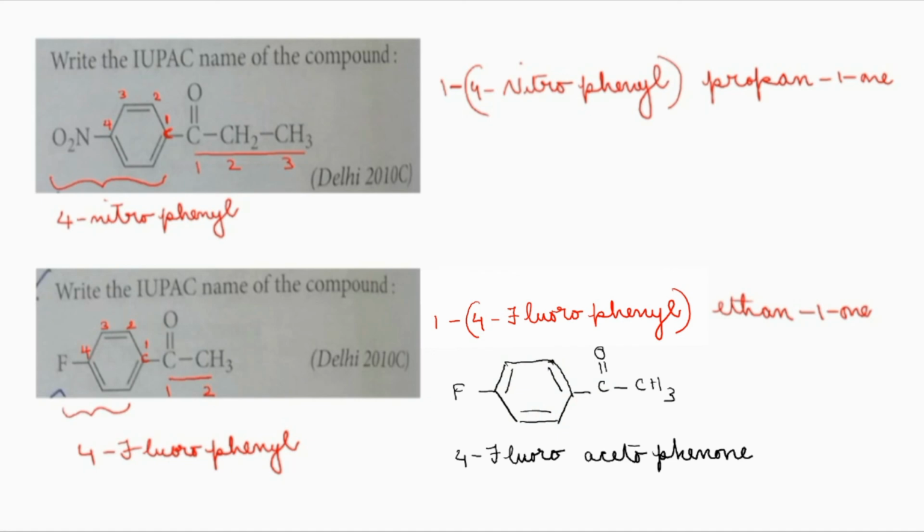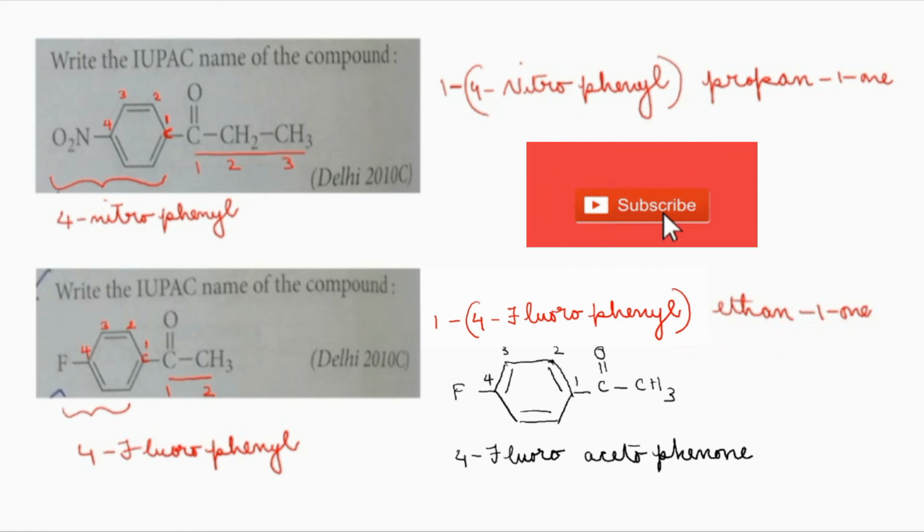IUPAC has accepted those common names also. So that's the reason you can find the name of this compound in this way also. So you should remember, if you write 4-fluoroacetophenone, or 1-(4-fluorophenyl)ethanone, both are correct only.